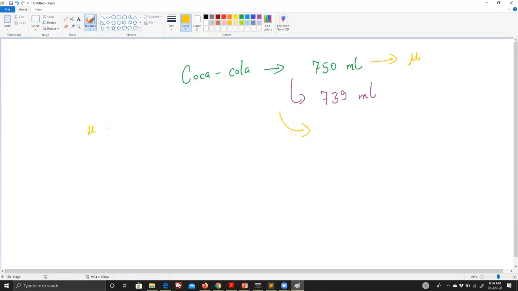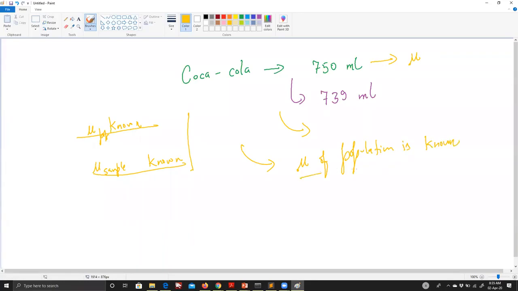So you might have a case of mu known, that you know the mu of the population. You might also have a case where the sample statistic is known, but the population statistics are not known. So first of all, of course, there is a problem: do you know the mu or not? We are operating under the assumption that the mu of the population is known. It is given by the problem statement or the product description. We already know this. Okay.